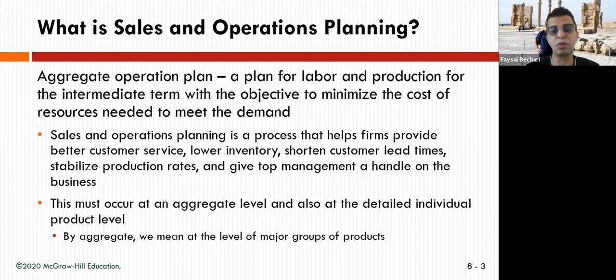The shortened customer lead time, we spoke about last week: people will be waiting less, so they will come back again and they will be happy. And stabilized production. This must occur at the aggregate level and also at the detailed individual production level.